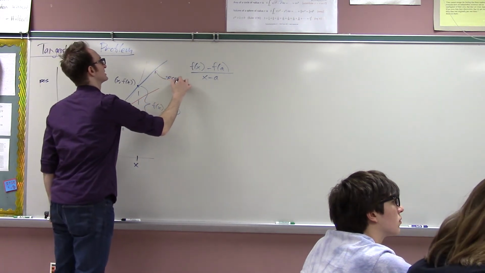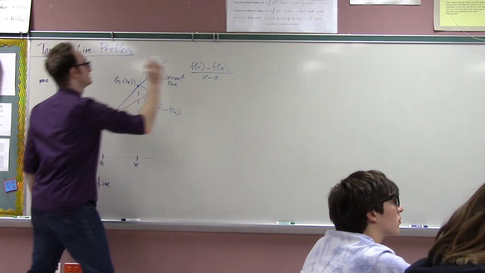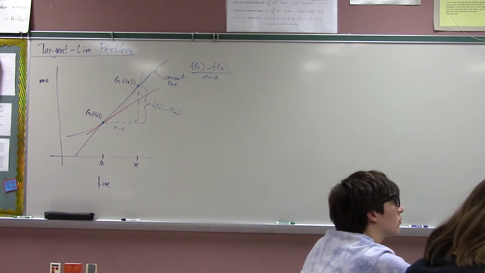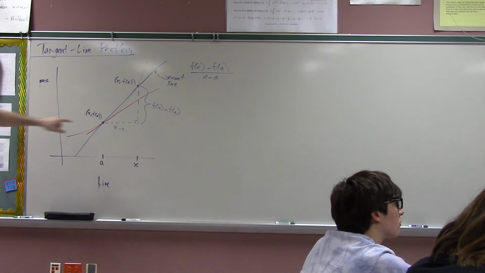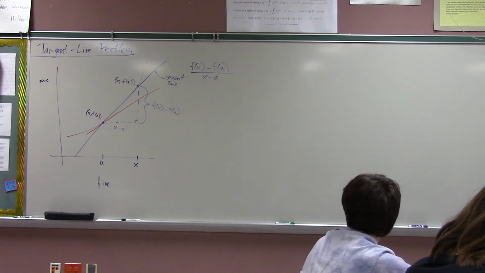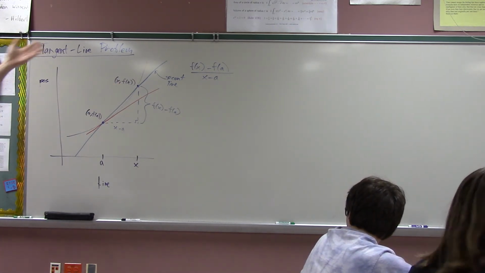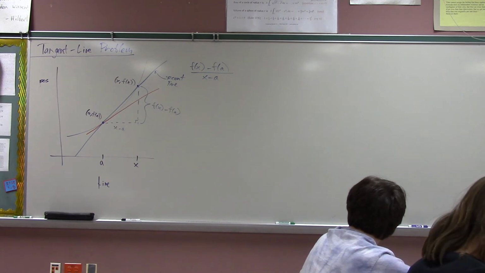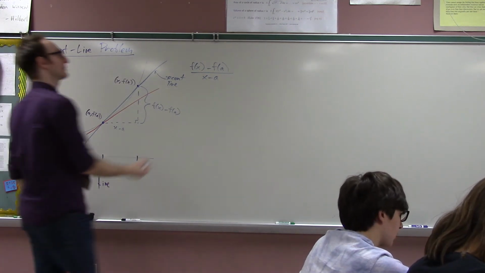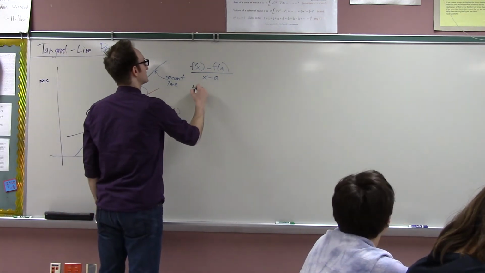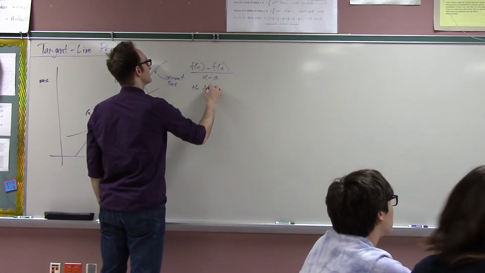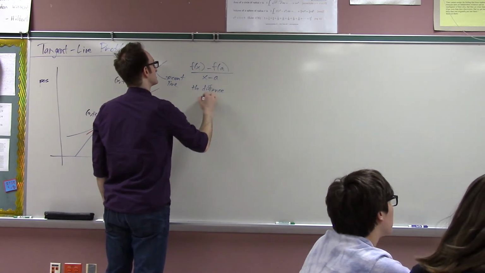We call this the secant line. From geometry, the secant line is the line which cuts the function at two places, the line which goes through two points. So the slope of the secant line is the average rate of change over that time interval. And sometimes people call this quotient the difference quotient.